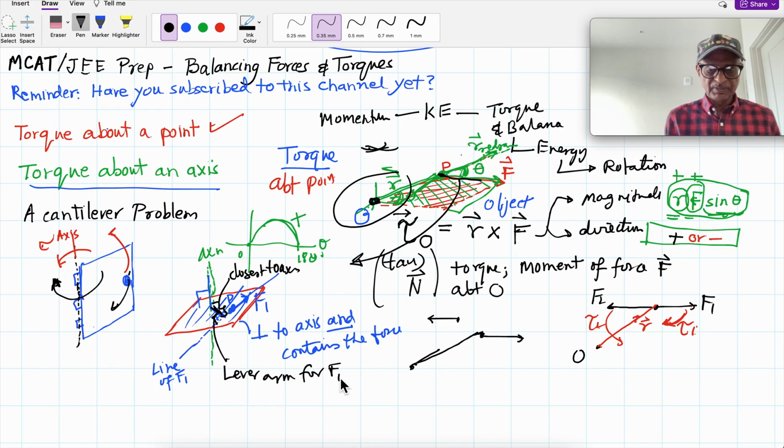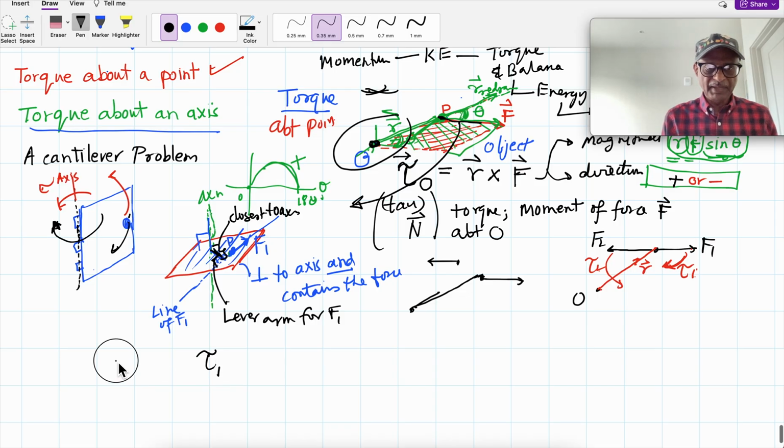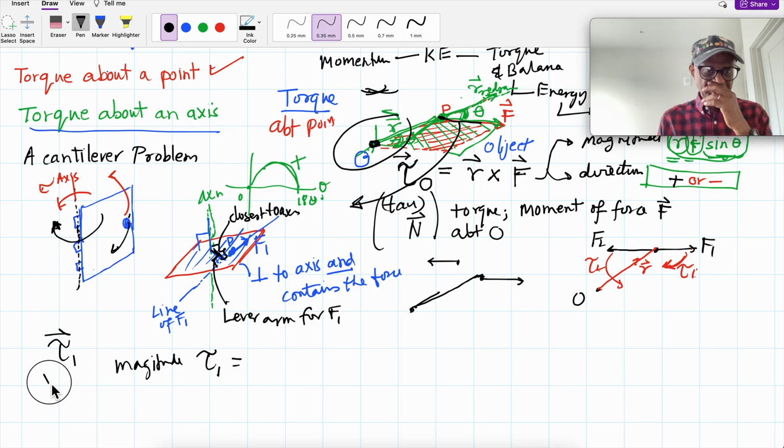This is also called the lever arm for F1. So in this case, the torque of F1 is a vector, but its magnitude will be this lever arm times the magnitude of the force F1.